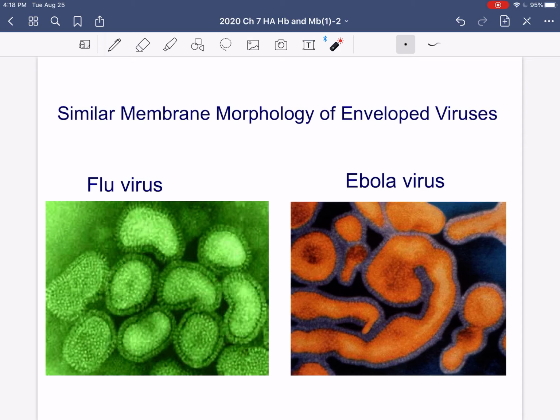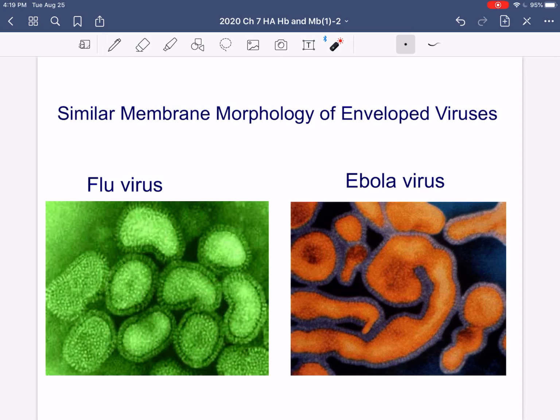They all have those trimers that are structurally and functionally similar to the HA, the flu virus hemagglutinin. The spike proteins are seen on Ebola virus, and they're even longer on coronavirus. The coronavirus has long and skinny spikes, but they're working the same way.